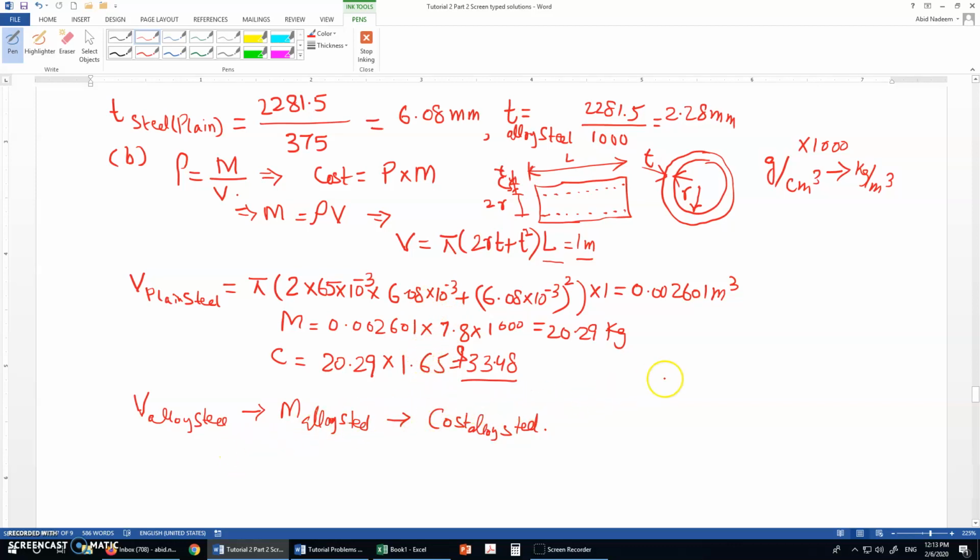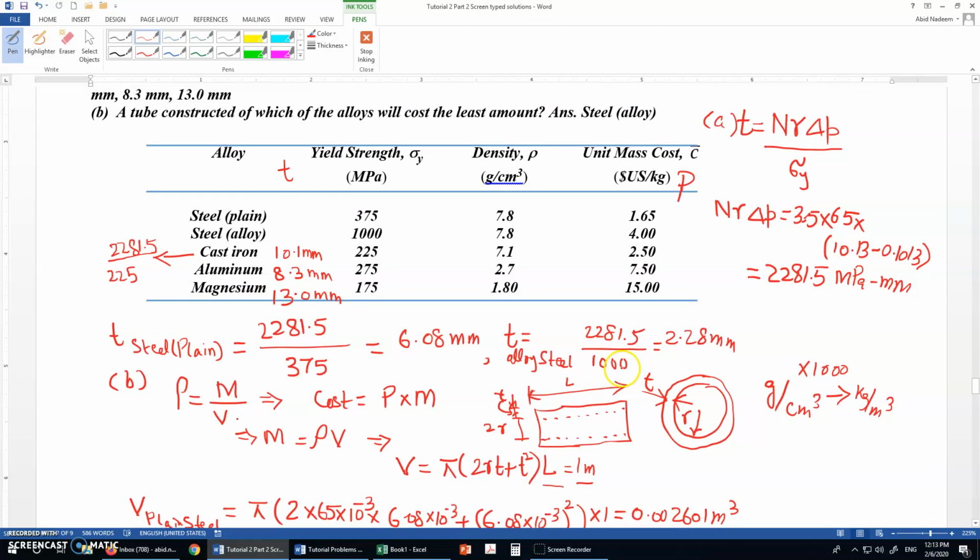So let me just write down the final answers for the total cost. So this will be $33.48, as I have already calculated. This will be $29.58, that is the alloy steel, and the cast iron will be much more expensive, $79.24, because we need it very thick compared with the other materials.